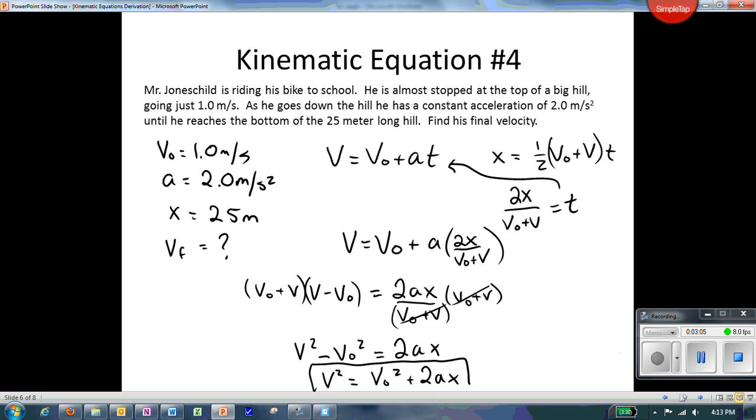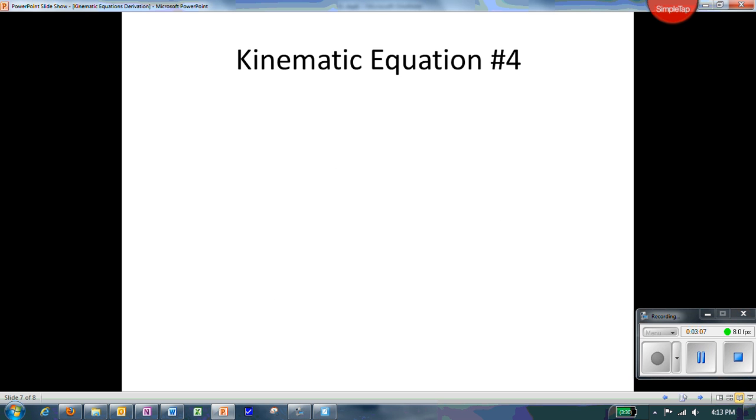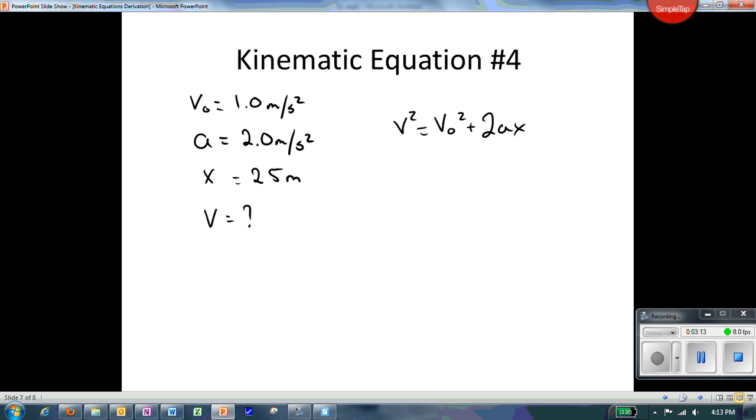Let's actually go ahead and use it in this problem. So again, back to the initial information that we were given and the equation we're going to use. We'll go ahead and plug in the information. Notice that when I take the square root, I need to put the plus or minus there. And depending on the particular problem, you're going to choose either the positive or negative root.